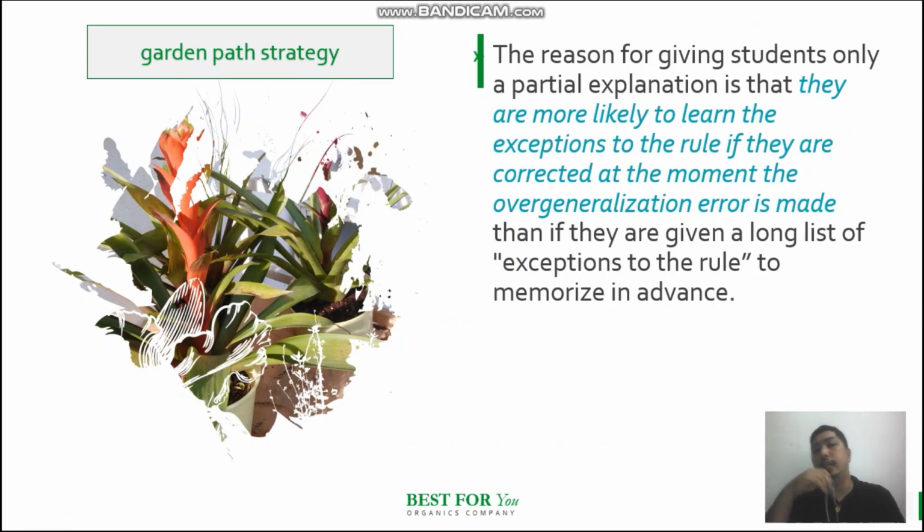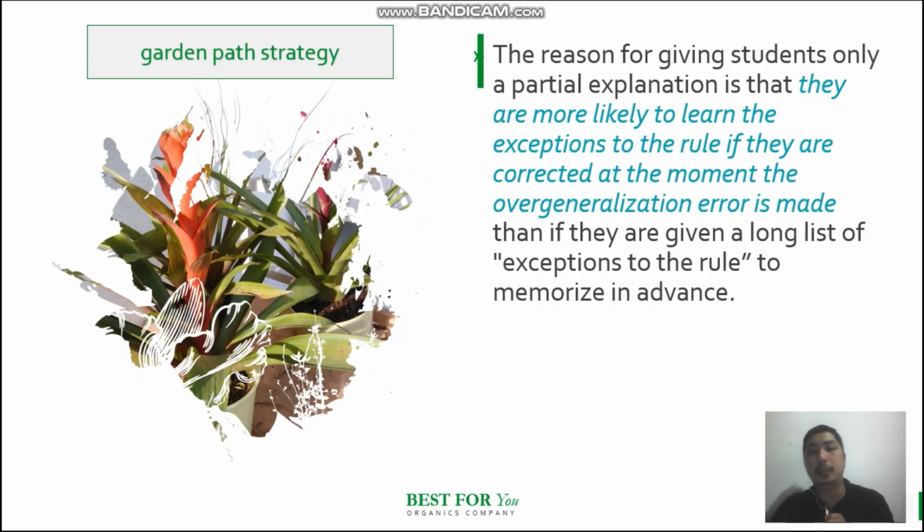The reason for giving students only a partial explanation is that they are more likely to learn the exceptions to the rule if they are corrected at the moment the overgeneralization error is made. So they would commit an error, and that's the time that you can come up with feedback.